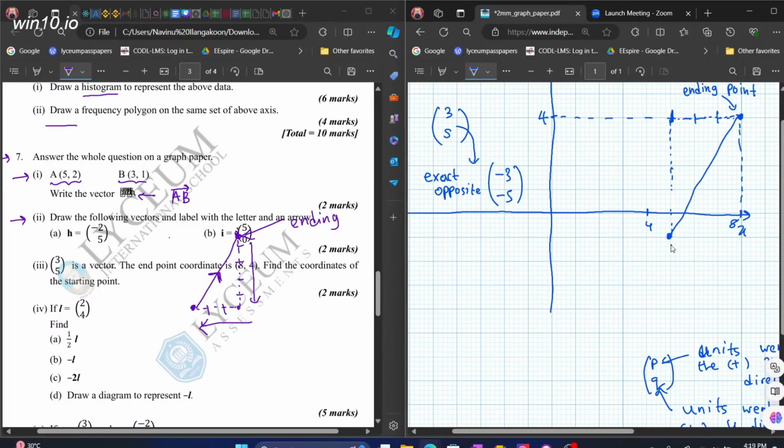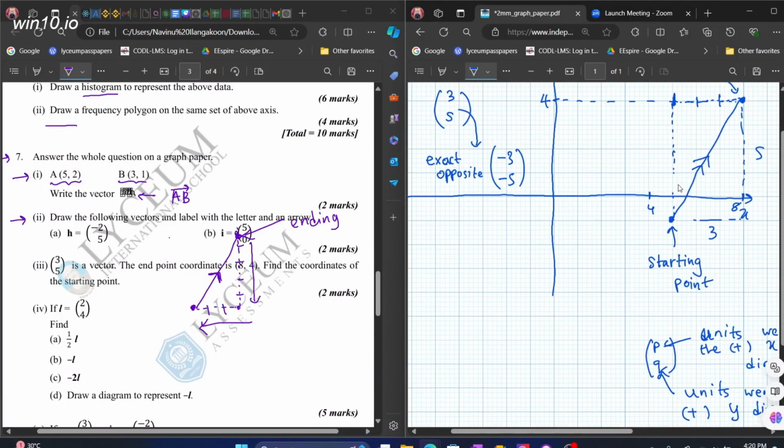So this is the starting point. Now x direction is this. So 3 and 5. This is our vector. Okay. I hope that's also clear.